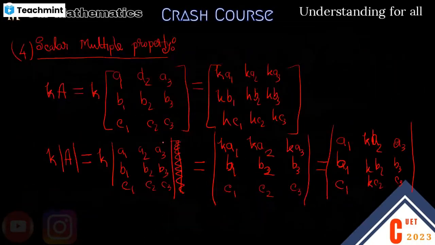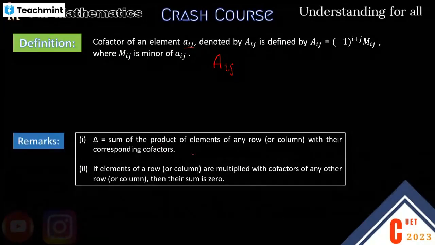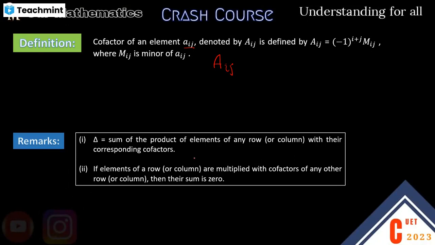Okay, this is what is written here: sum of the product of elements of any row with their corresponding cofactor is the determinant. And if elements of a row are multiplied with cofactors of any other row, then their sum is 0.